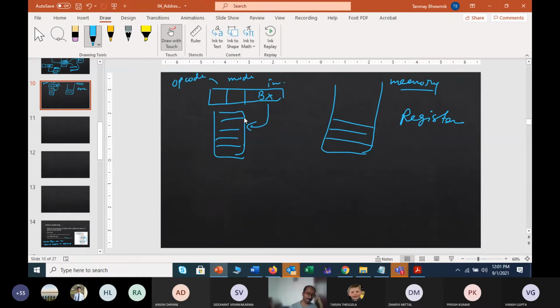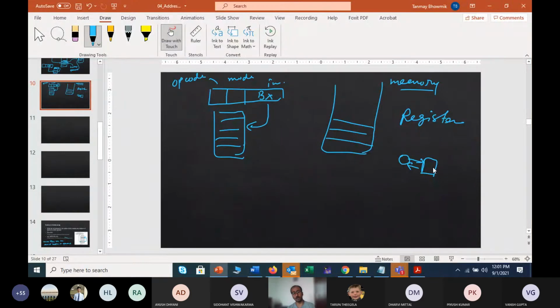Now this question can come to your mind: where are the registers actually placed? It is quite confusing, but the structure is like this. Your operation is performed in the processor, so the processor will first try to get the data from the registers. Registers are placed on the board. It first tries to get the data from the registers because they are the fastest, but they are the smallest in size.